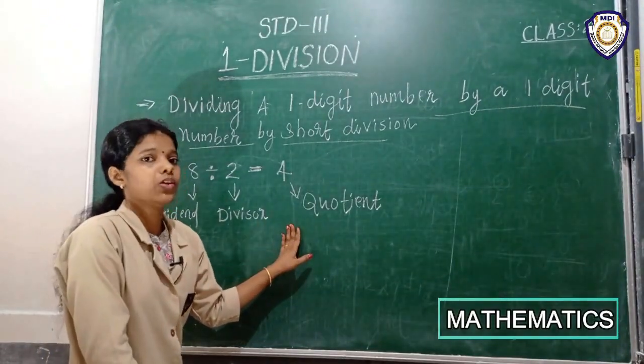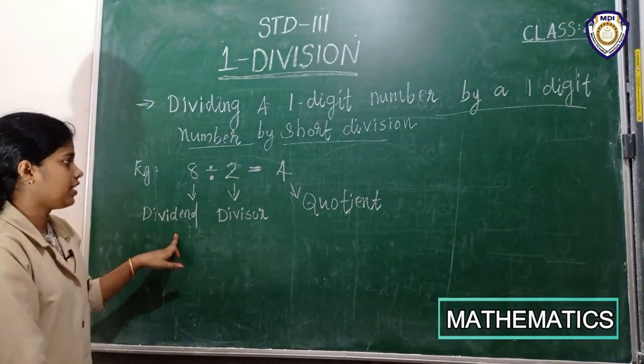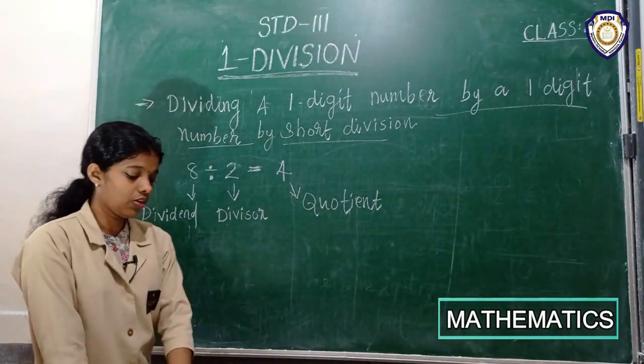This is the dividend and 2 is the divisor.